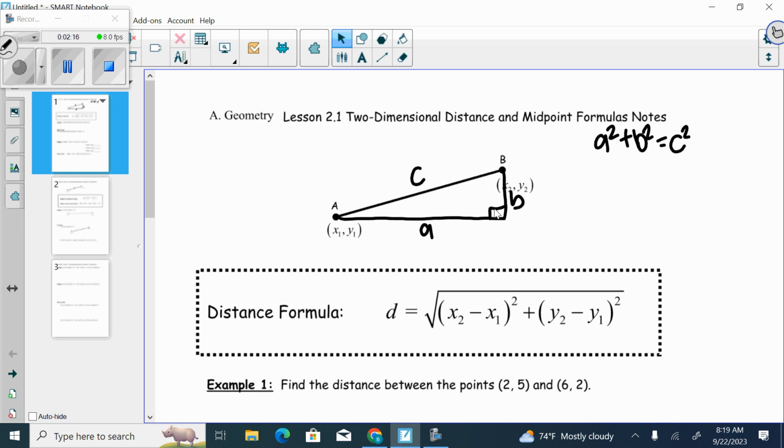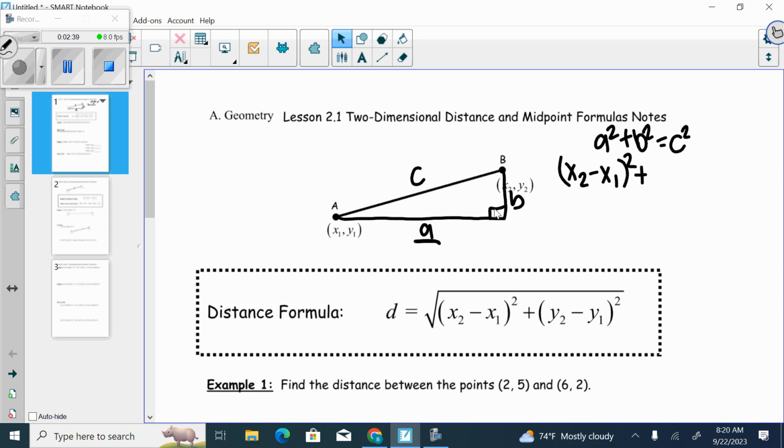So that would be your x2 minus your x1, okay? And that is representing A, right? Well, if I plug that into this formula, it says I'm supposed to square A, right? Okay? Plus, if I wanted to find what I would plug in for B.